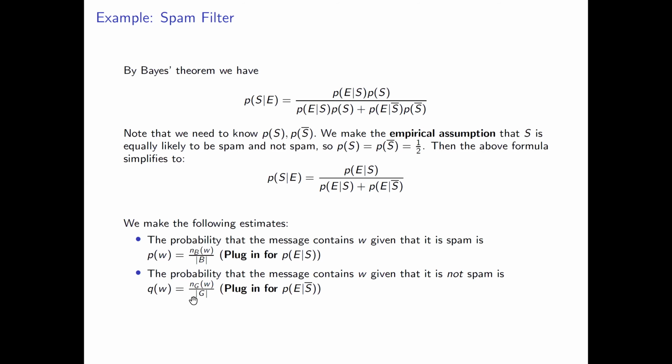So this function Q of W is a good estimate for the probability that our email contains W, which is E, given that it's not spam. And so we're going to plug in this function P of W for the probability of E given S, and we're going to plug in this function Q of W for the probability of E given not S.